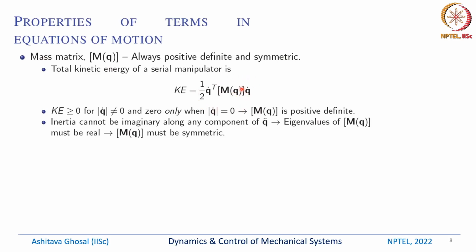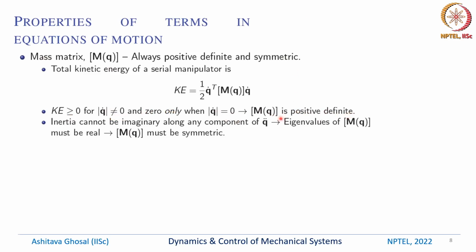So this is a quadratic form, of the form x transpose Ax. The kinetic energy is always greater than 0 for q dot not equal to 0, and 0 only when q dot is equal to 0. So M(q) is positive definite.